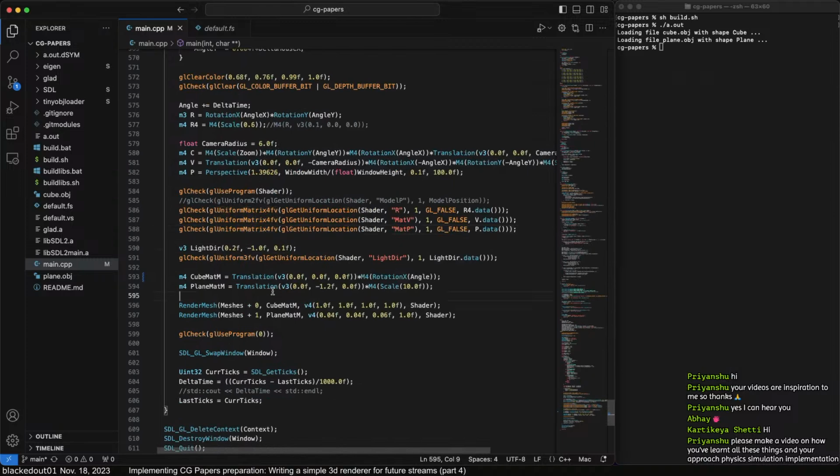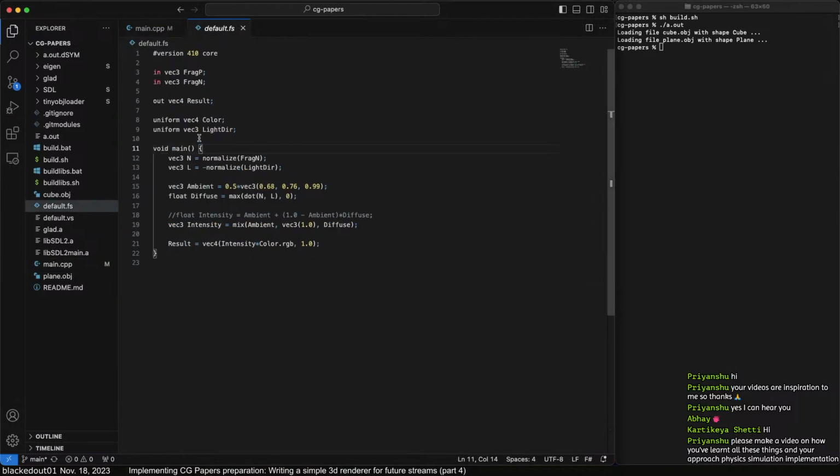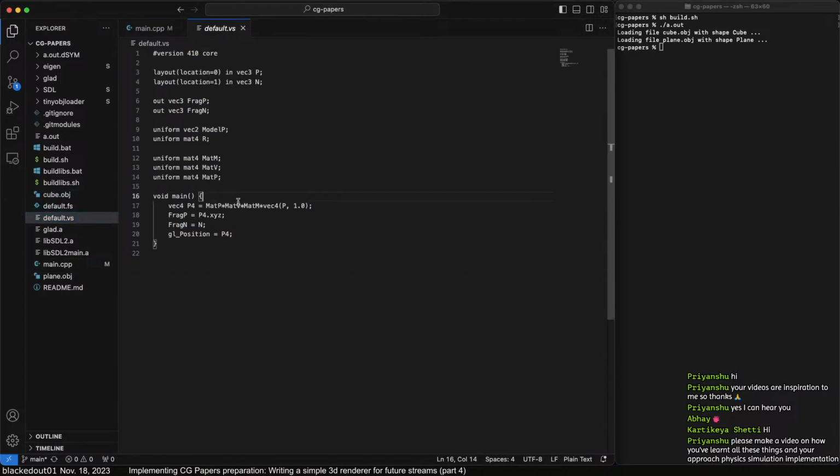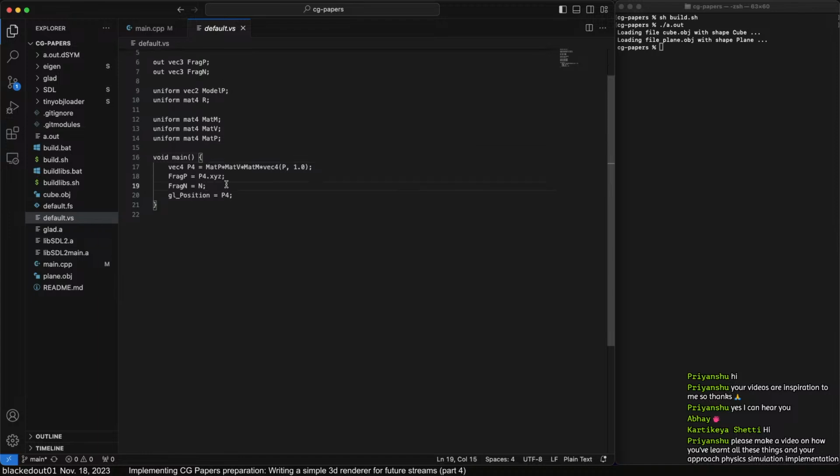And that's because we also need to transform the normal vectors in the shader. So basically we transform the positions of the cube with the model matrix, but the normals are not modified.